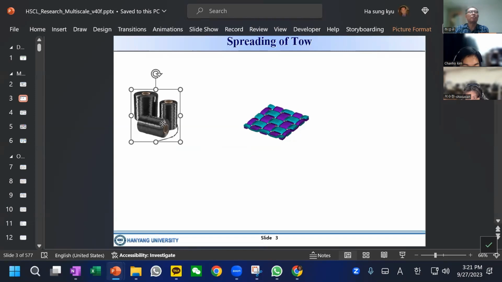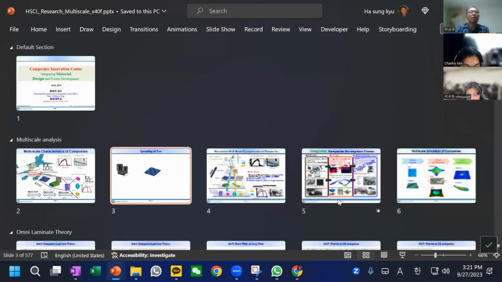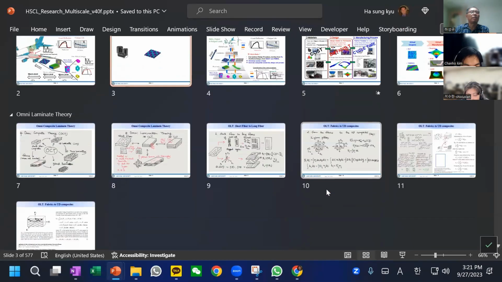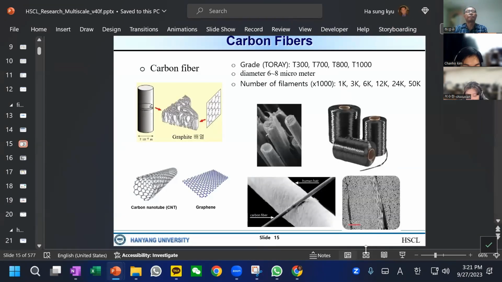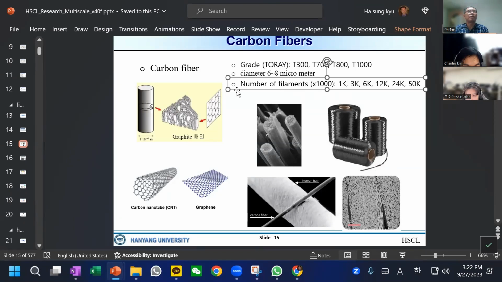That's what they do. Carbon tow, with different numbers of filaments. I will copy this one to here.